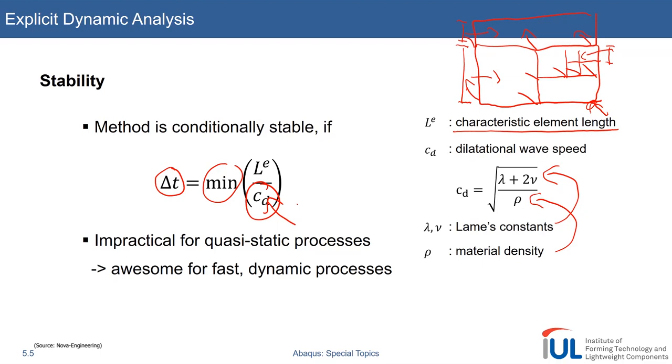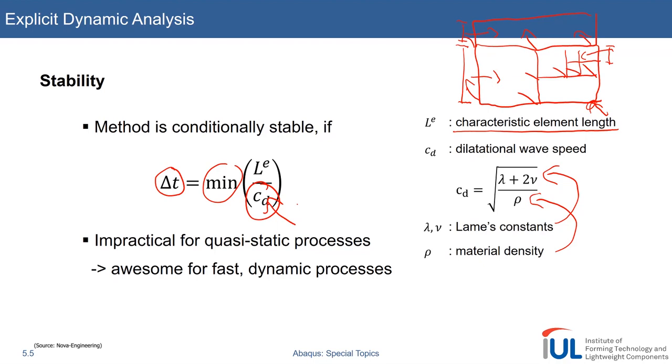Why? Because in static equilibrium-based FEM, you don't see any of these dynamic results. You have to put such effects artificially in this kind of FEM. In the explicit dynamic one, you get all these effects just by using the method, because that's the way it's constructed, right?